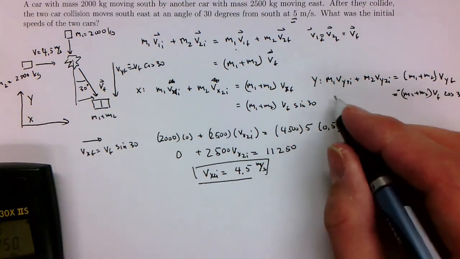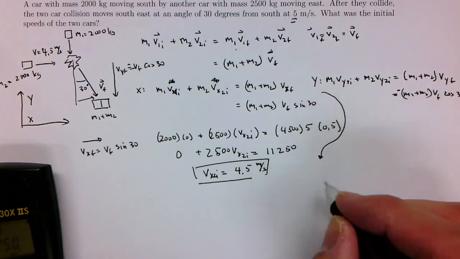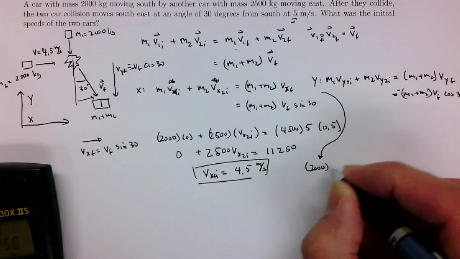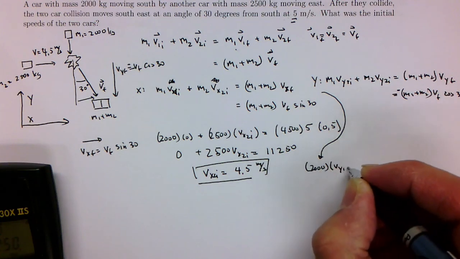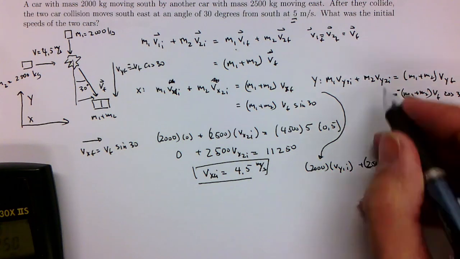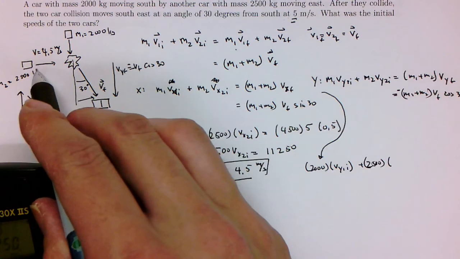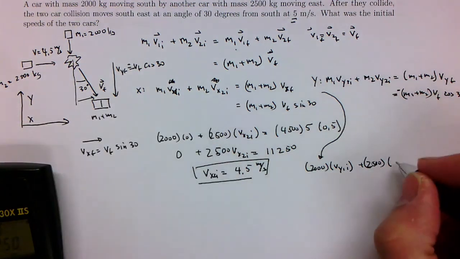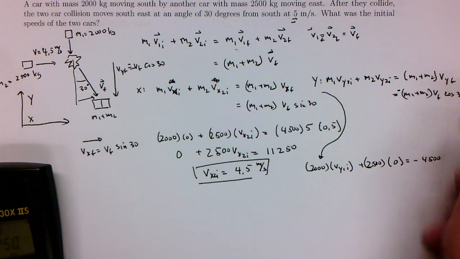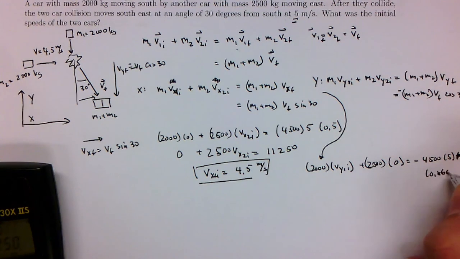So let's plug this in. We have 2,000 for M1 times Vy1 initial, which we'll try to find, plus 2,500 for M2 times Vy2 initial. This M2 is moving in the easterly direction, with no southern component, so that's actually 0. That is equal to minus 4,500 times Vf cosine 30, which is 5 times 0.866.